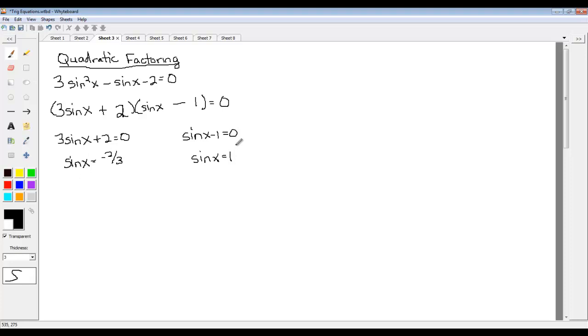Okay, now let's say we're told to do this over 0 to 2 pi. Well, sine x equals 1 at pi over 2. But sine x equals negative 2/3, we're going to need to use the calculator for.